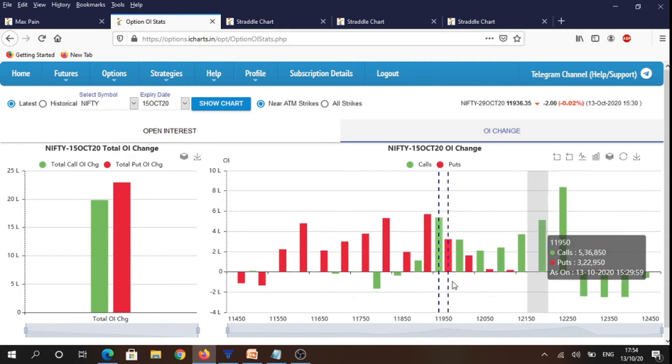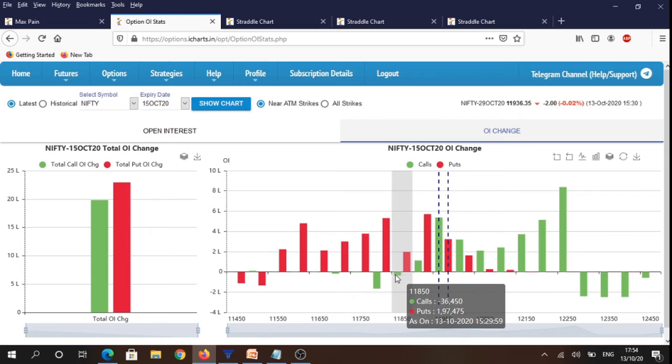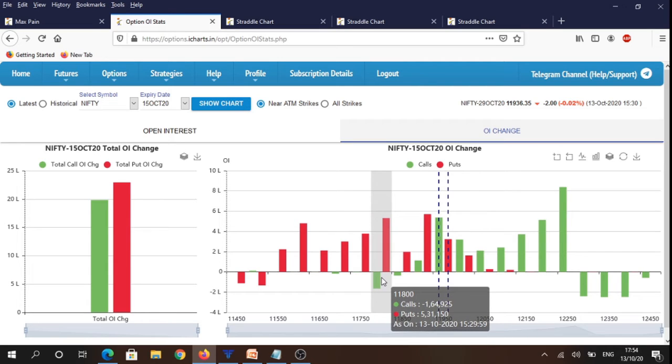Overall today, the maximum amount of puts were written at 11,900 levels. And on 11,800 strike calls, there was open interest reduction as well. So for the near term, we can say that the market has strong support around 11,800 odd levels.